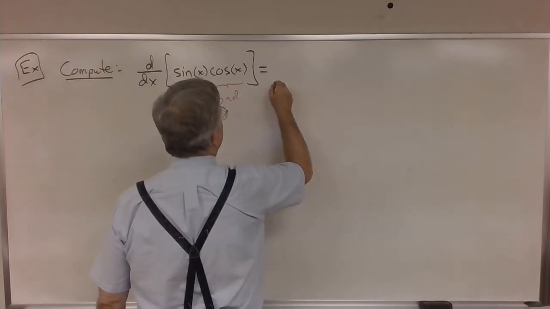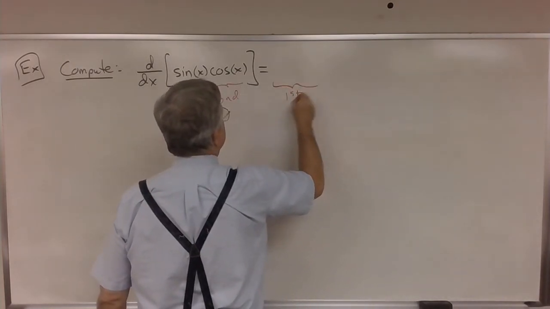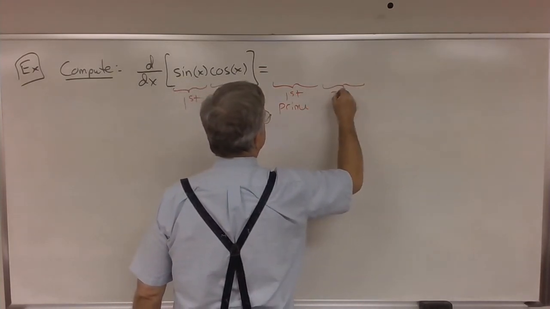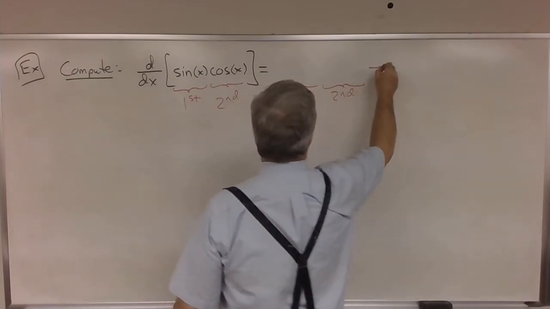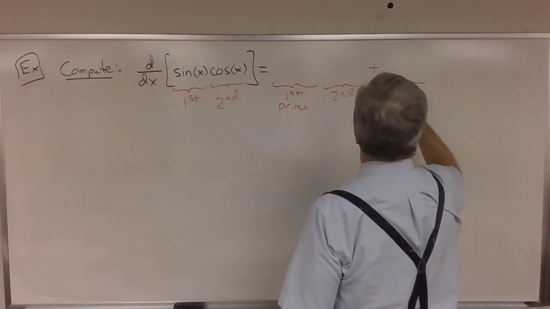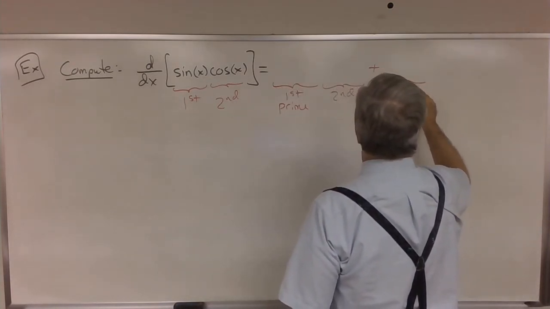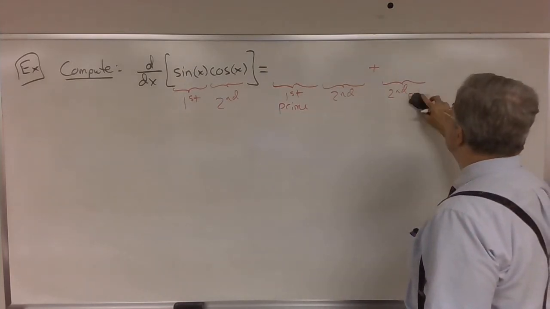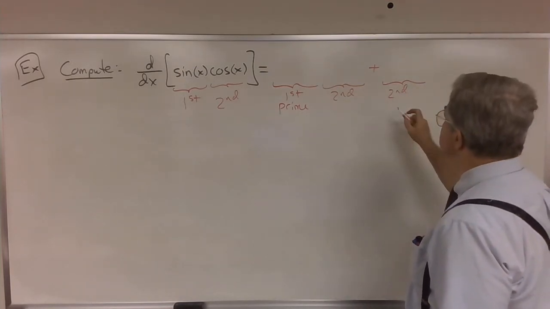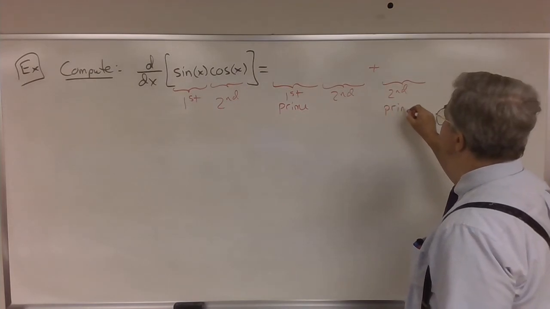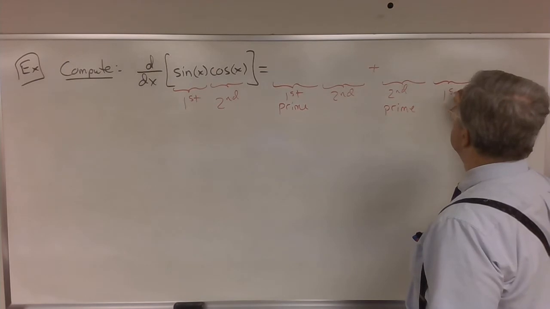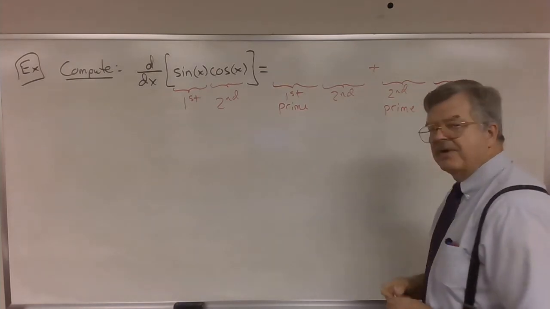So we're going to have first prime times second plus second prime times first. That's the product rule.